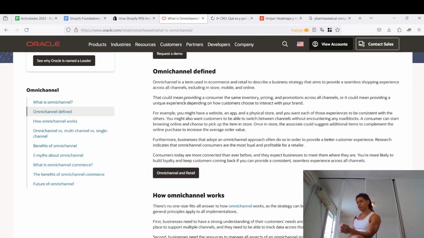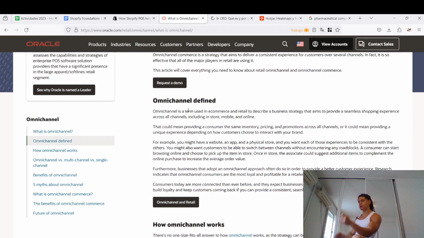That could mean providing a customer the same inventory, pricing, and promotion across all channels, or it could mean providing a unique experience depending on how customers choose to interact with your brand. For example, you might have a website, an app, and a physical store, and you want each of those experiences to be consistent with the others.